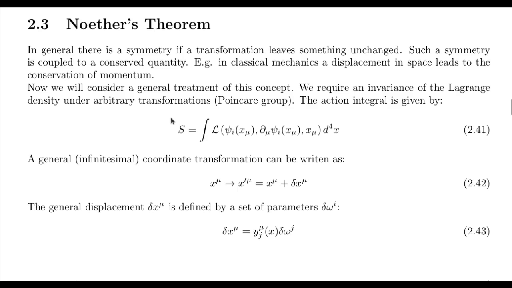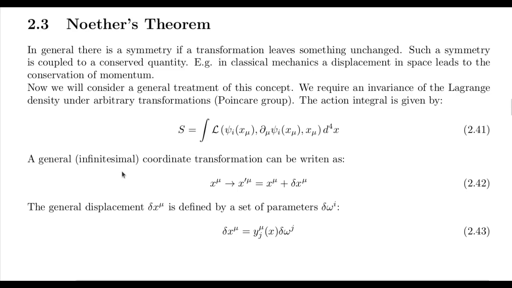We start with the action integral again here, and we will consider a general transformation, and the Lagrange density or the formalism must be invariant under the transformation. And so we begin here.